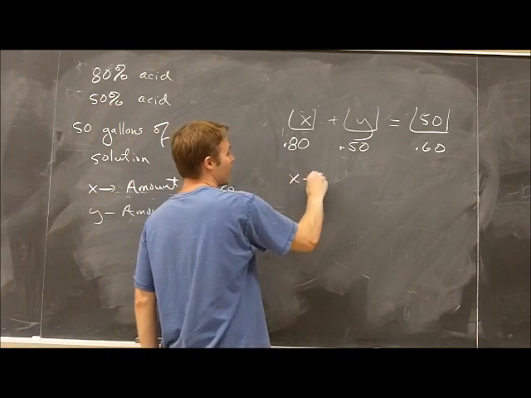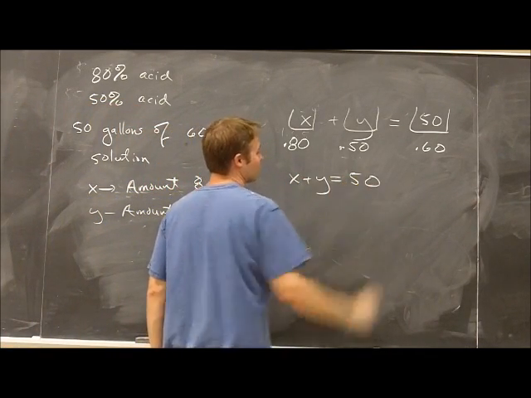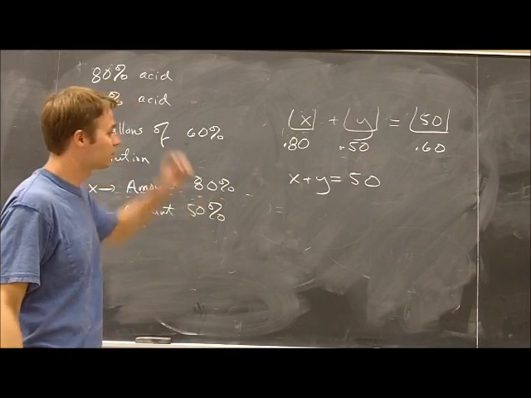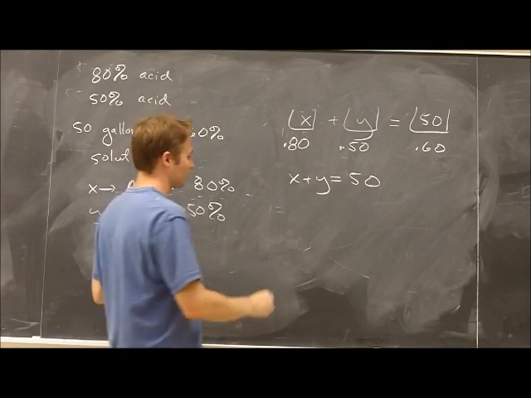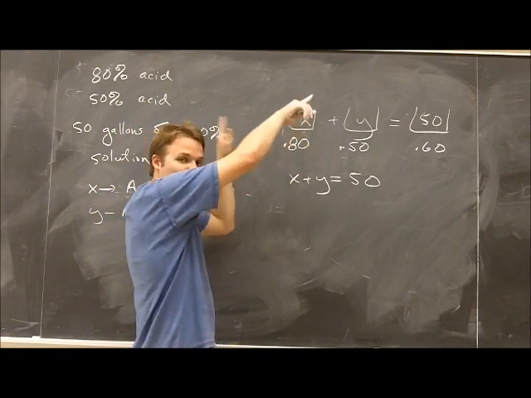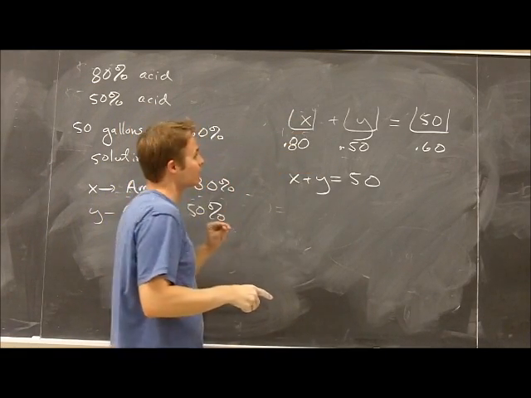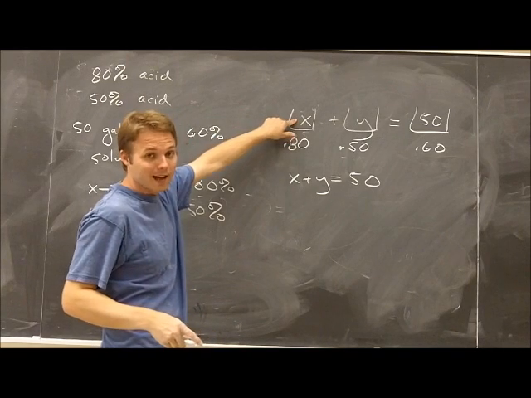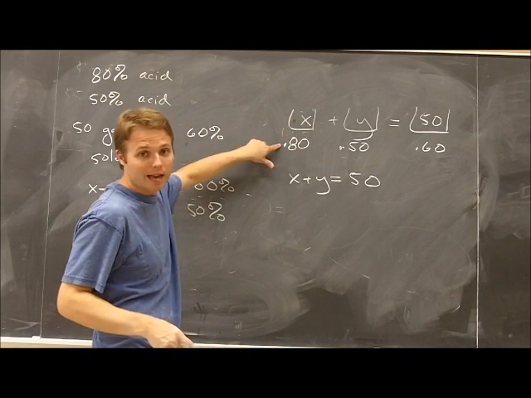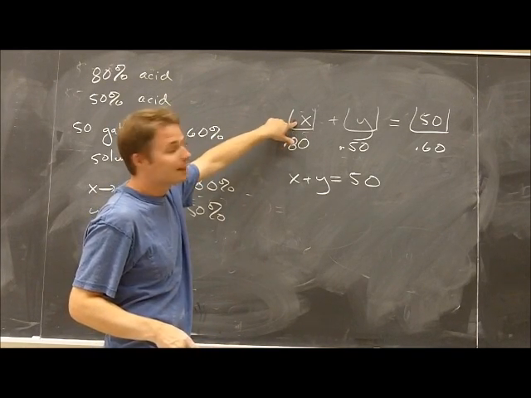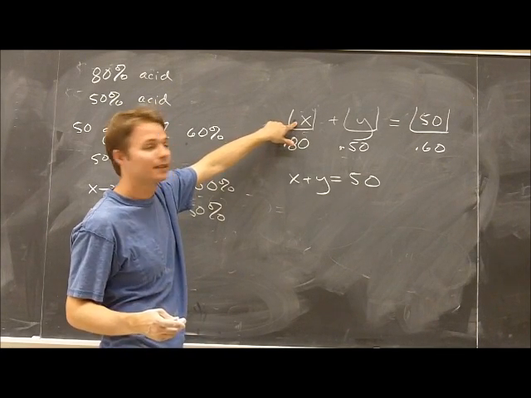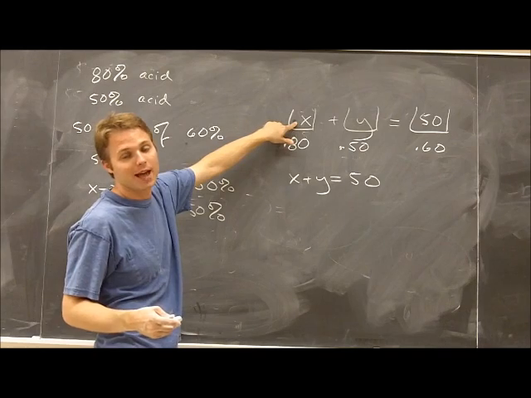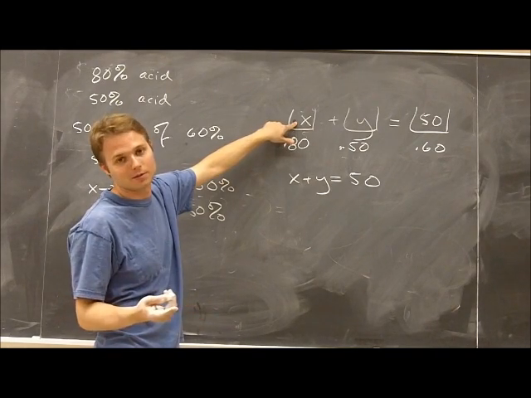So now I get two equations. I get that the total amount of solution that I have should be 50 gallons. So x plus y is 50. The second equation I get is a little strange. Again, I can kind of do my multiplying down method, but you need to know what it means. If I have x gallons of solution and 80% of it is acid, then 0.80 times x is just the amount of it that's acid, right? If you have 10 gallons and 80% of it is acid, then 8 gallons of it is going to be acid.